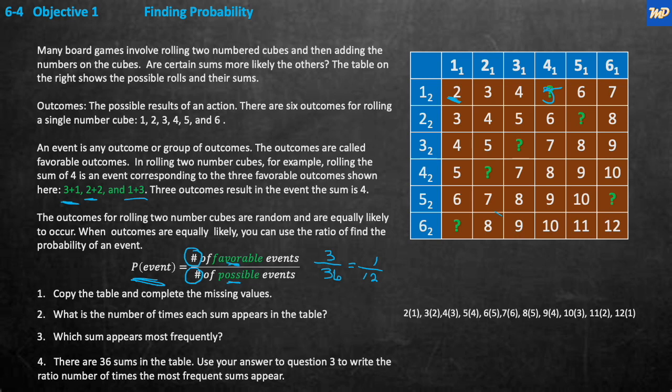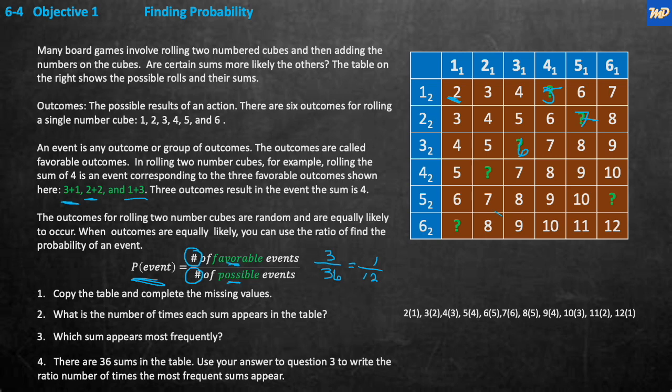In this row here, we're looking for cube number 1 to have a 5 on it, and cube number 2 to have a 2 on it. 5 and 2 is 7. This row, we're looking for this question mark here. We want cube number 1 to have a 3 on it, and cube number 2 to have a 3 on it, so 3 plus 3 is 6.